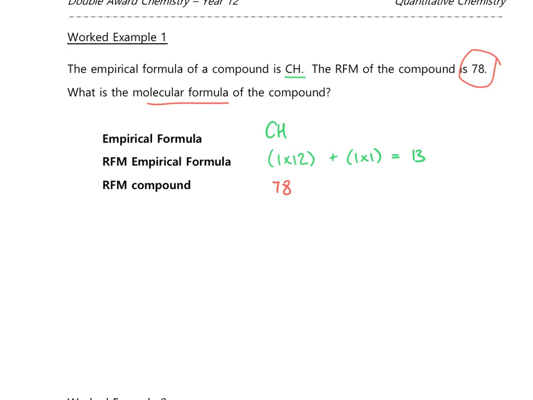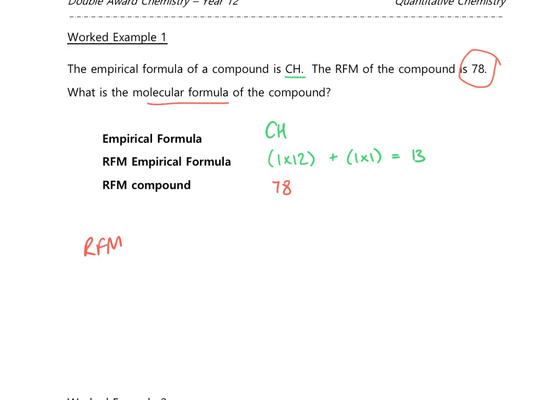Since the molecular formula is just a simple multiple of the empirical formula, we can work out what the molecular formula is by getting that ratio of the RFM of the molecular formula over the RFM of the empirical formula.